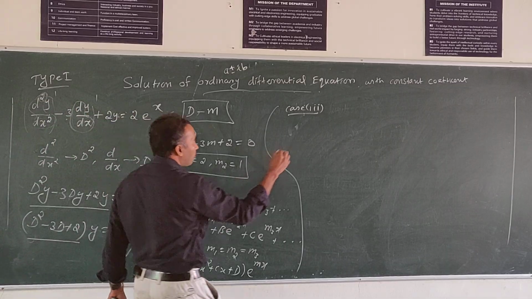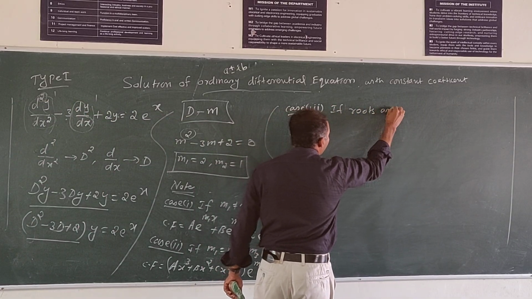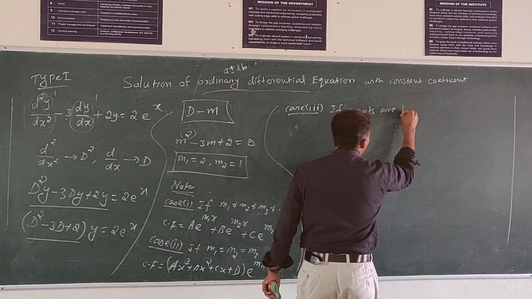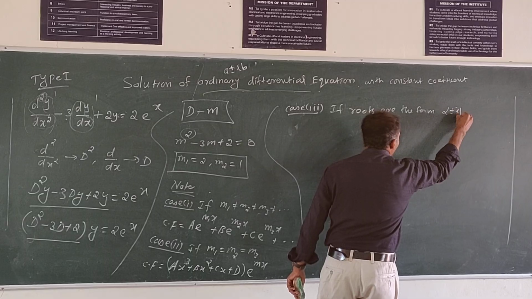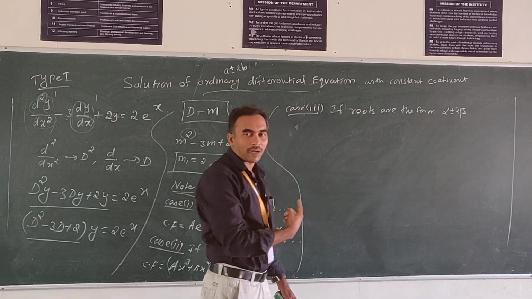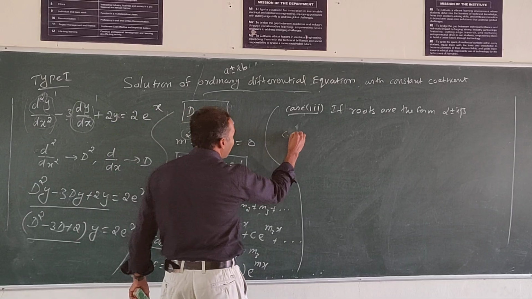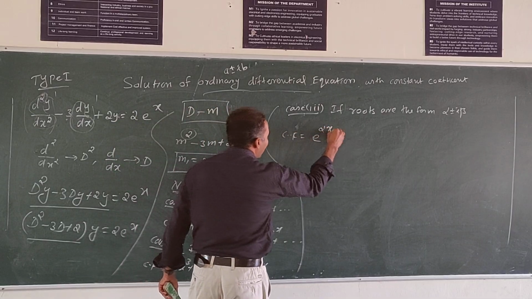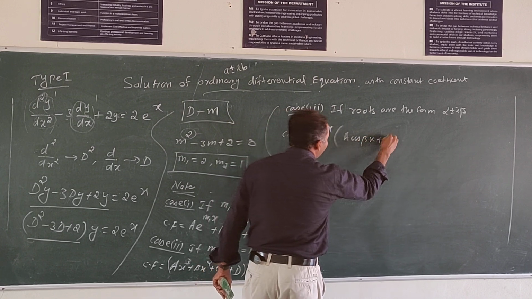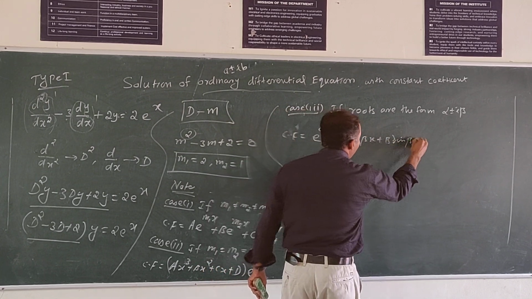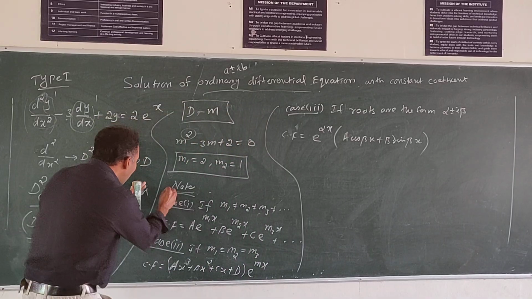So if roots are of the form alpha plus or minus i beta, then the complementary function will be e power alpha x into a cos beta x plus b sin beta x. So put that in notes.